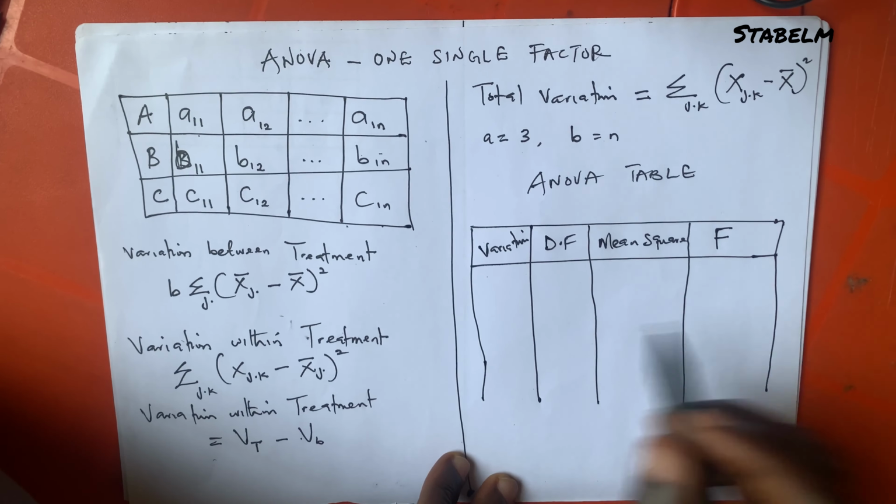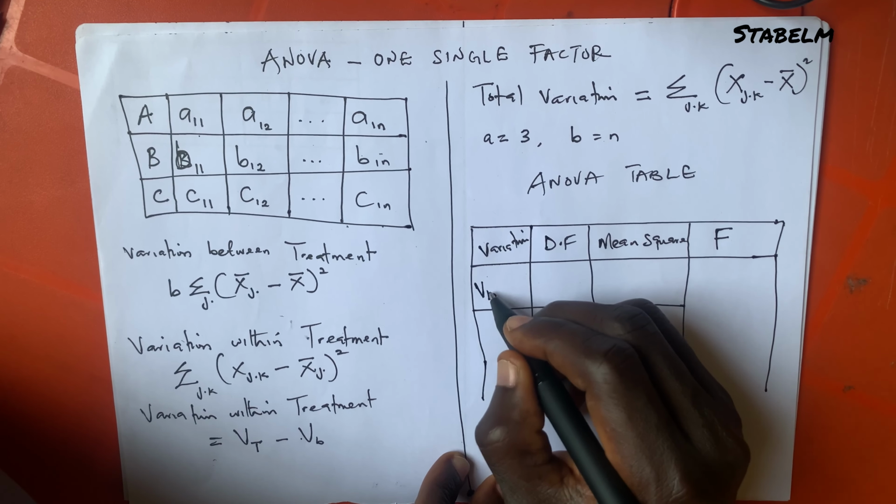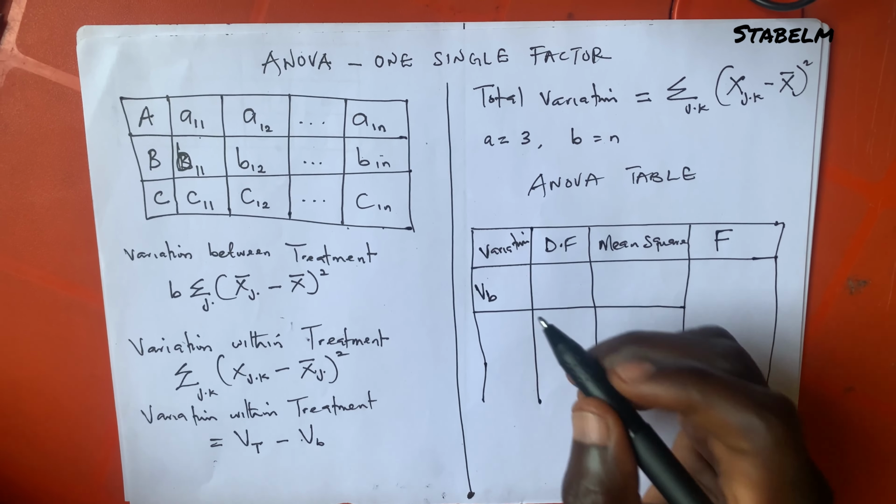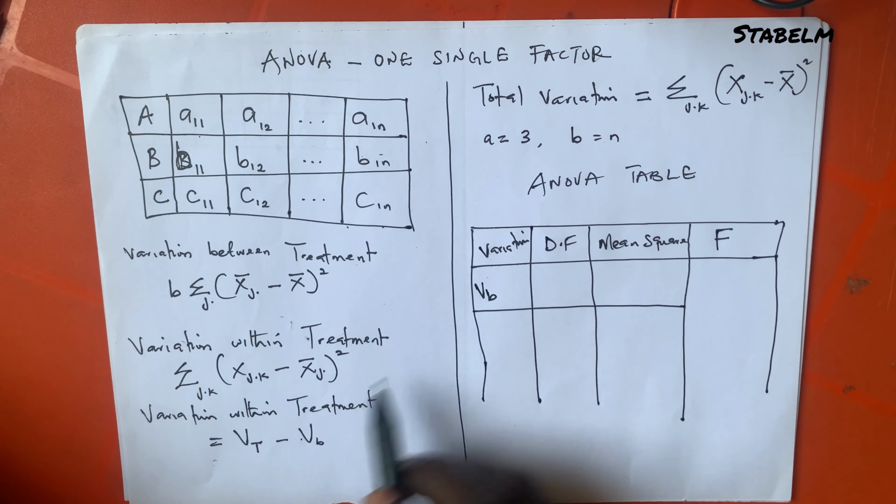So how do we do this? But first here we have V subscript B, which is variation between treatments.